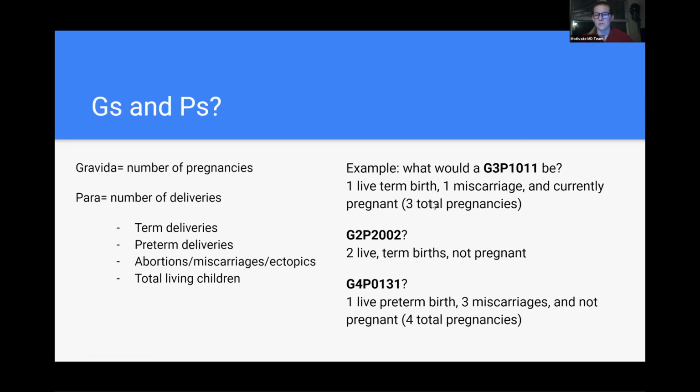So she's had 3 total pregnancies. She's currently pregnant and has had 1 live term birth and 1 miscarriage, if that makes sense. A G2P2002 is someone who has had 2 pregnancies and 2 term births with both of their children currently living. And then a G4P0131 is someone who's had 4 total pregnancies.